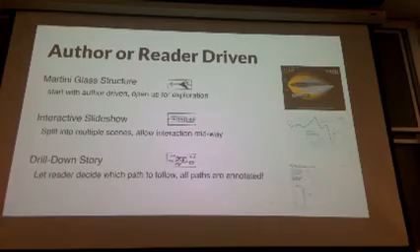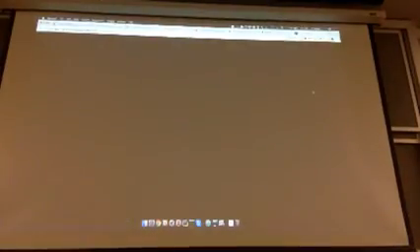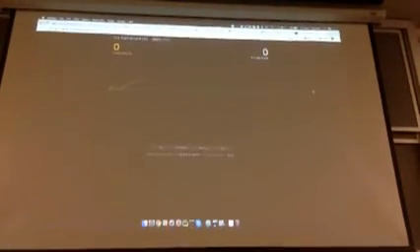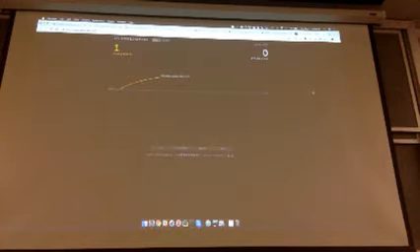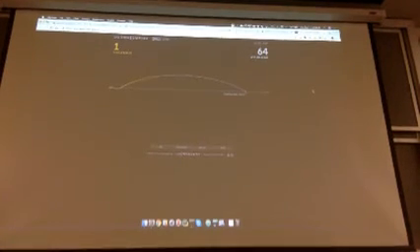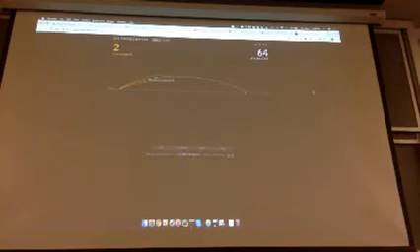So here is an example of the Martini glass structure. This is by Periscopic, which is a nonprofit, and that visualization is about gun death. First, a video is playing, so we get a narration, and we're in this stem part of the Martini glass.